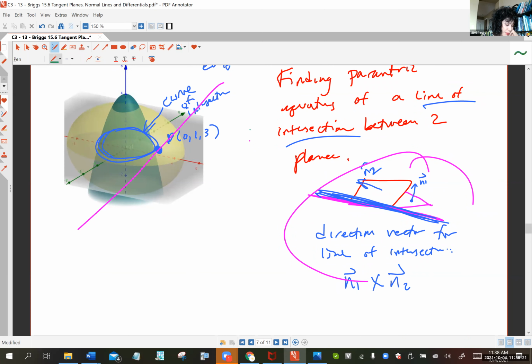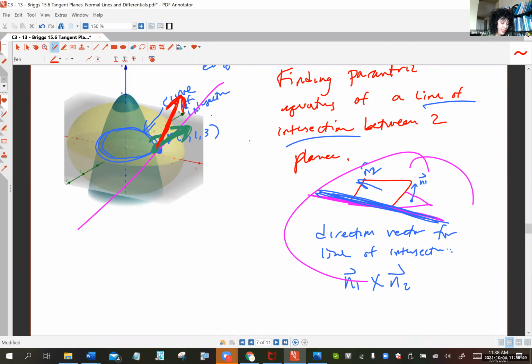So for the green paraboloid, if you find his gradient vector at this point P, it's going to be a vector that's sort of punching out of the paraboloid and making a 90-degree angle. If you find the gradient for the ellipsoid, I'll do that one in red because yellow won't show up. So the ellipsoid is going to have his own gradient. Let's say it's that at the point 0, 1, 3.